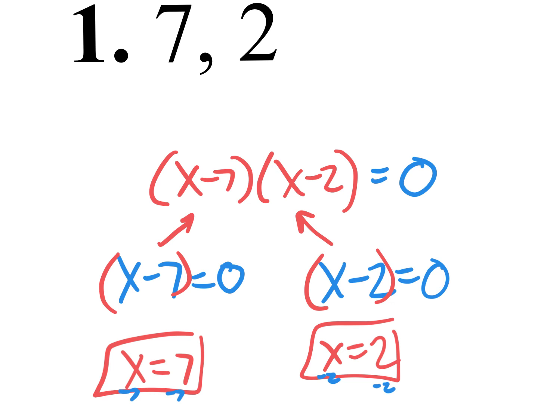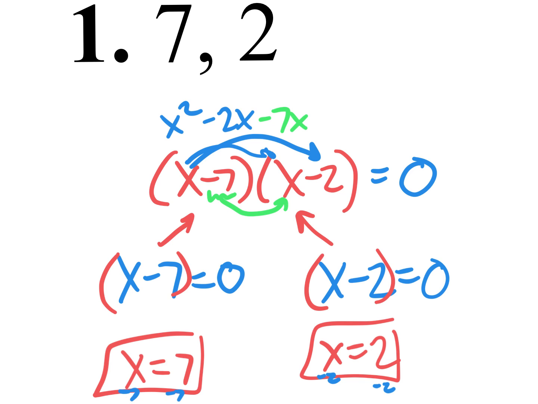And now, to get to the actual quadratic equation, you need to simplify, you need to distribute. X times x is x squared. X times negative 2 is negative 2x. And then negative 7 times x is negative 7x. And then negative 7 times negative 2 is positive 14. And it's still equal to 0.